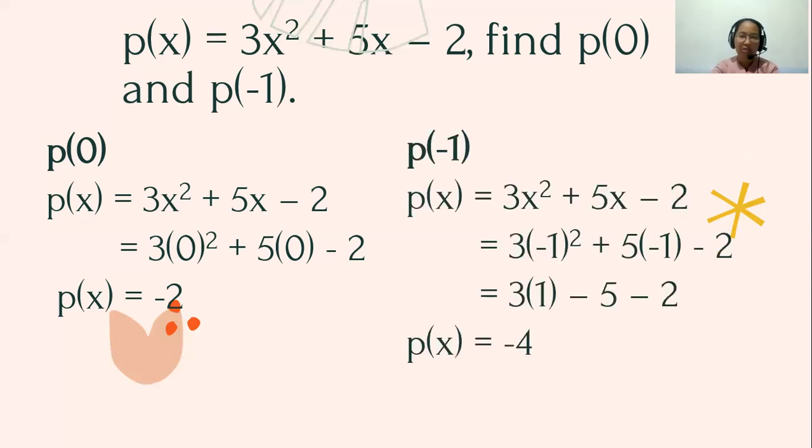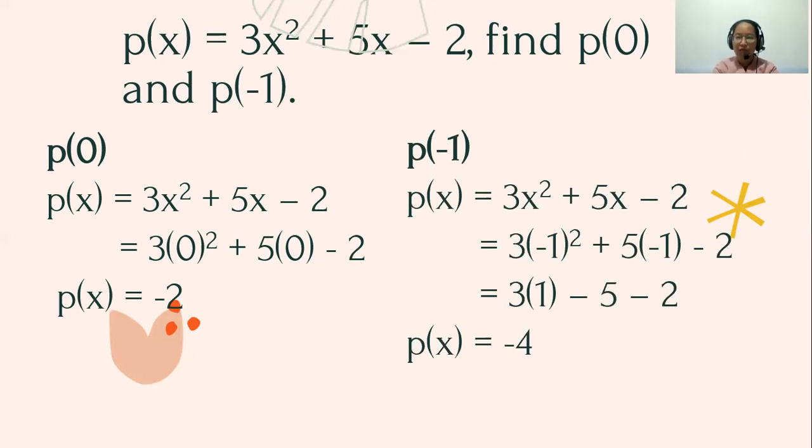How about when x is equal to negative 1? Finding the value of the function for p of negative 1, we will have, using the same function, 3x squared plus 5x minus 2. Again, replace all the x's by negative 1.